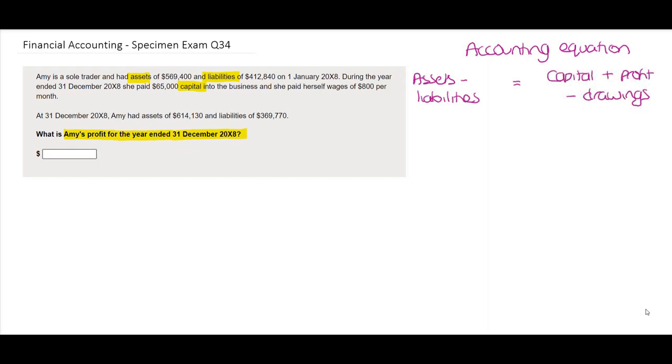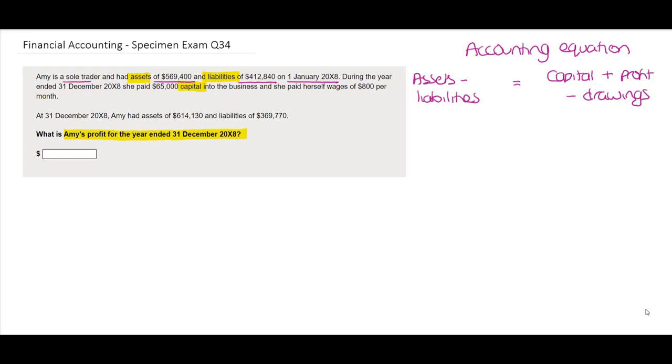We are told in the question that Amy is a sole trader and has assets of $569,400 and liabilities of $412,840 on the 1st of January 20x8. This is the only opening information we've been given, and so we need to use that to help us find our opening balance for capital.